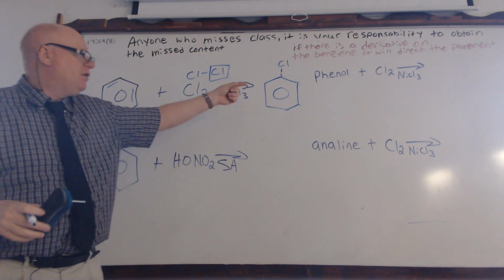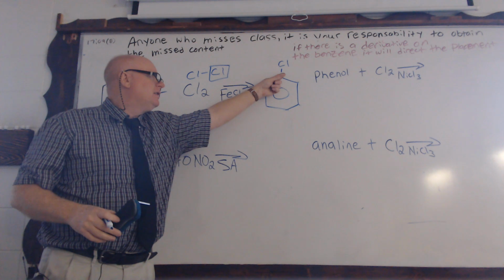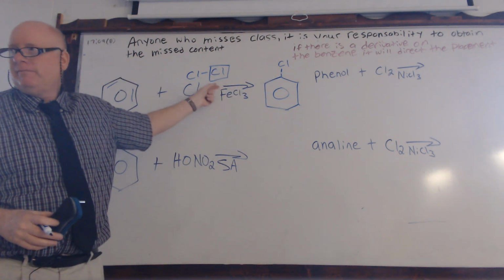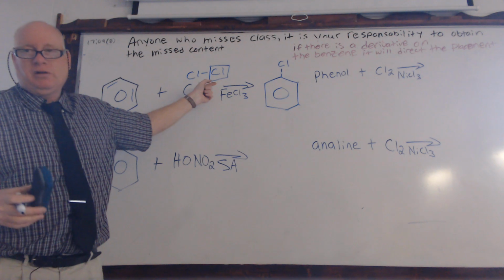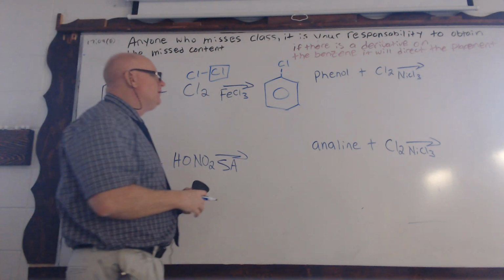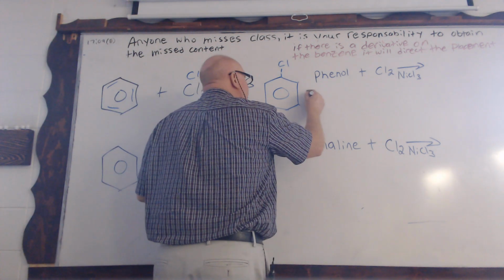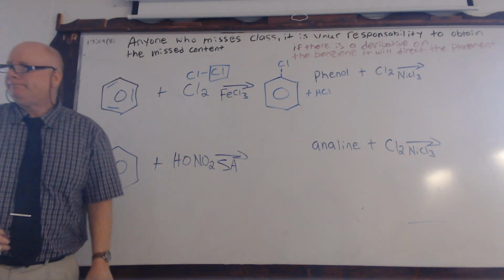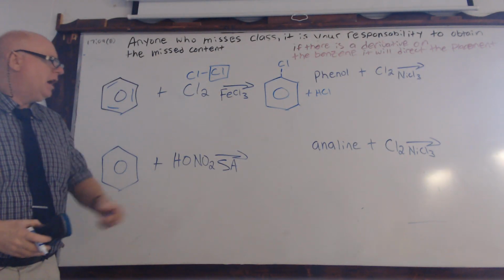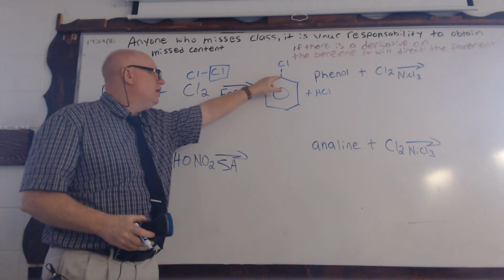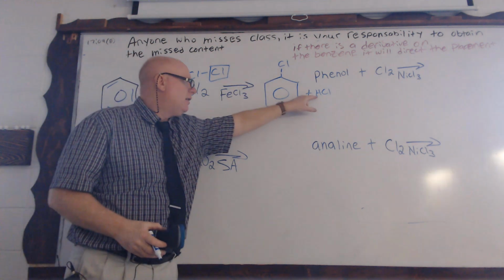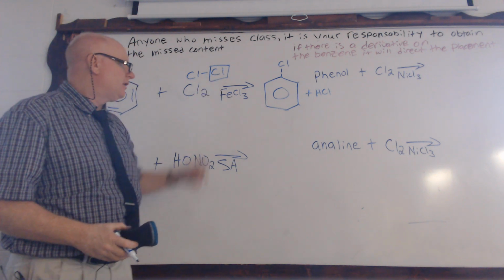But if that hydrogen is gone now, which it is, what do you suppose it's looking for in this molecule? Yeah, it's going to look for a chlorine. So then you could say that this is what is left over, plus HCl. So the hydrogen was on here. It got replaced by the chlorine. So that hydrogen then now bonds to this chlorine.